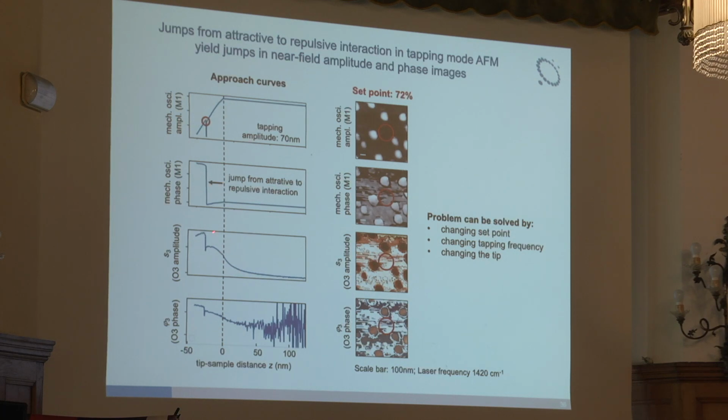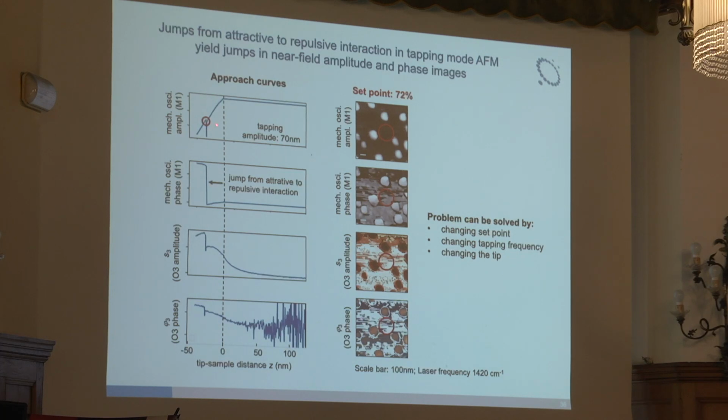But if you go further down, the modulation amplitude goes down, and then the signal behaves somehow strangely. This behavior is not very reliable and predictable. You can see any type of behavior. But then, the interesting thing, suddenly the near-field signal jumps quite significantly, up to a factor of 2. And the optical phase jumps too. So what's going on here?